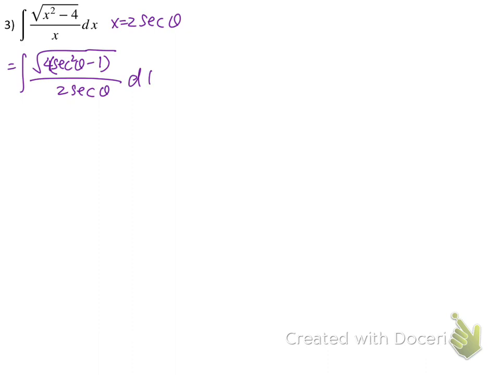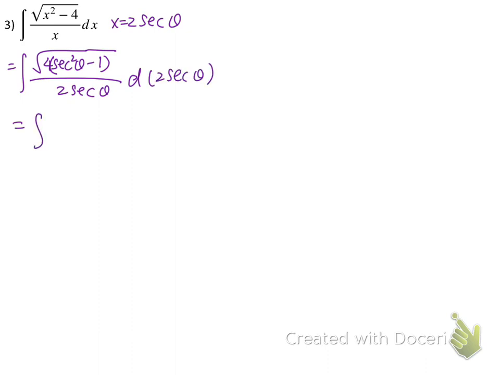Next example, this time instead of having square root of 4 minus x squared, I'm having x squared minus 4. So my x will be 2 secant theta. And the integral will be square root of 4 secant squared theta minus 4, or minus 1 factored out, over 2 secant theta, d(2 secant theta).